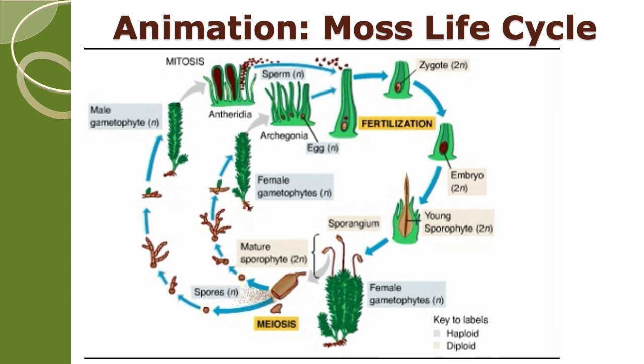As the sporangium matures and dries out, its lid pops open. Spores spill out and are carried away by the wind. A spore settles on moist ground, germinates, and develops via mitosis into a thread-like haploid protonema, which resembles a green alga. The protonema eventually develops into a male or female gametophyte, completing the moss life cycle.